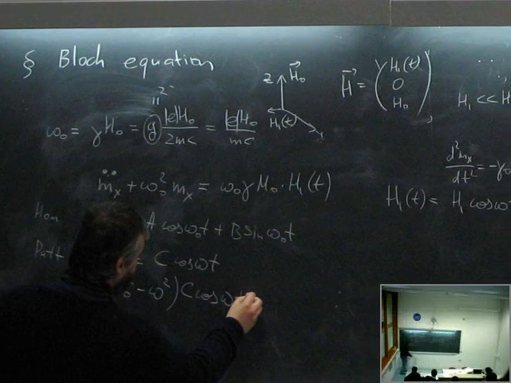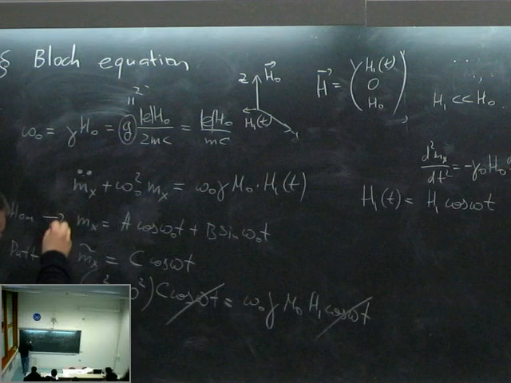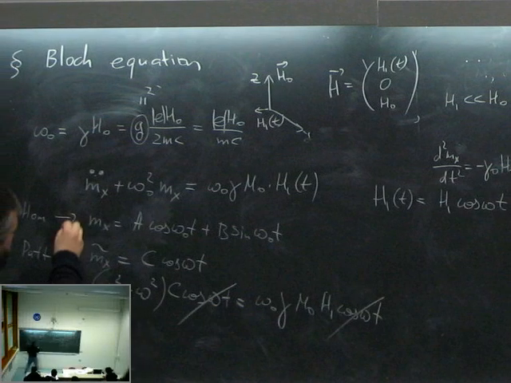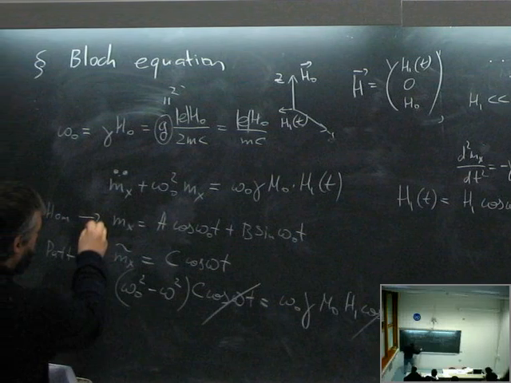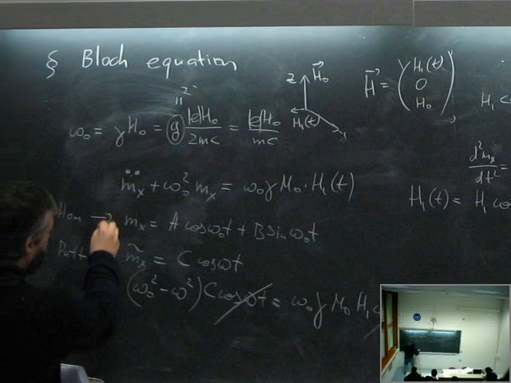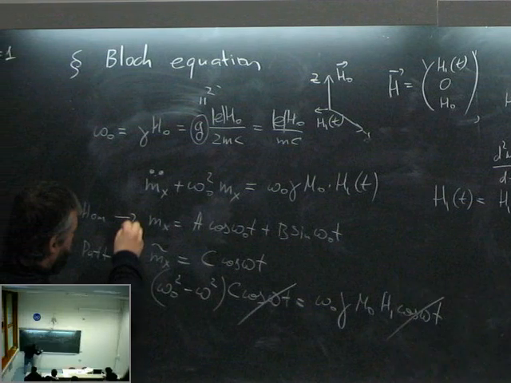So I immediately find a solution, which I will add here. So c is equal to omega naught gamma m naught h1 divided by omega naught squared minus omega squared.